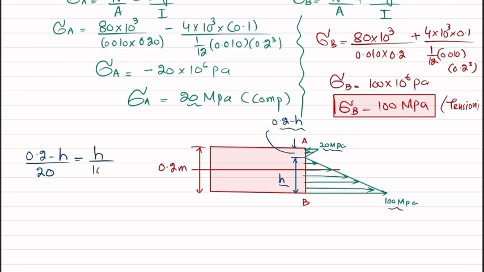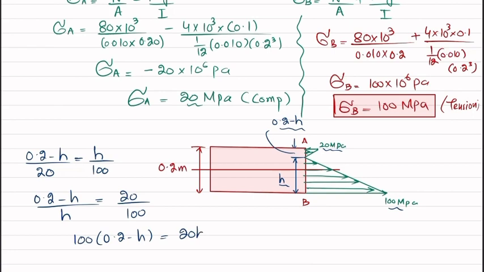Because you can see that these are similar triangles, so the ratio of their sides will be equal. So from here, (0.2 minus h) divided by h will be equal to 20 over 100. So it means that 100 multiplied by (0.2 minus h) will be equal to 20h.